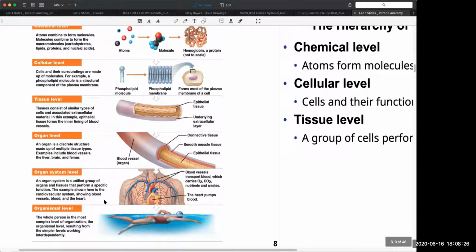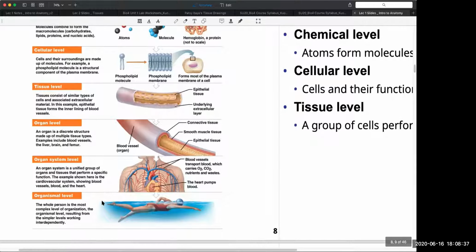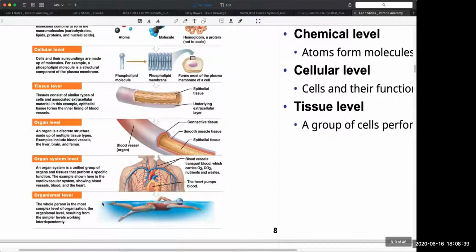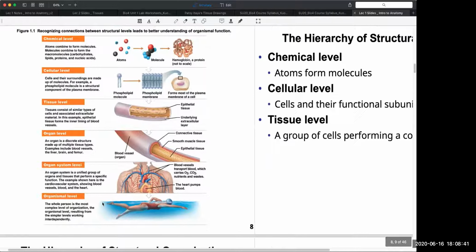Okay, and so together they serve the goal of supplying your tissues with oxygenated blood. Now, these different organ systems, which we'll discuss in the next few slides, will come together to make sure that you as an organism are functioning properly.